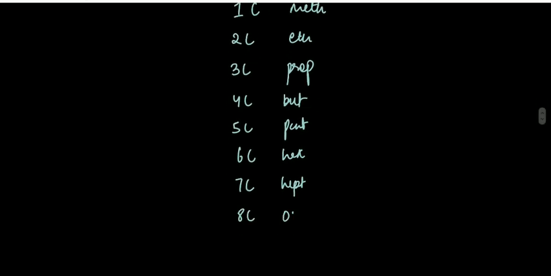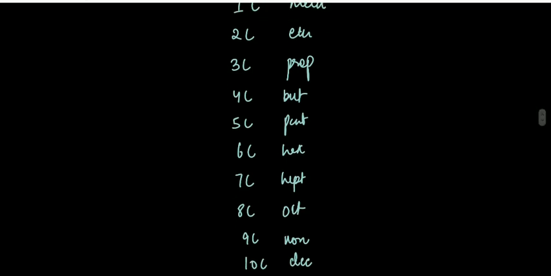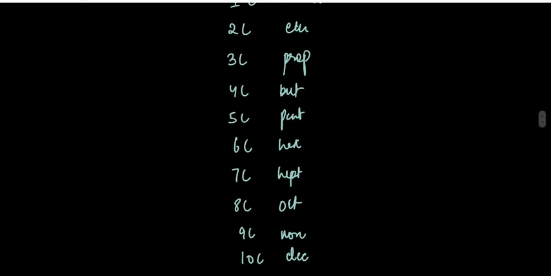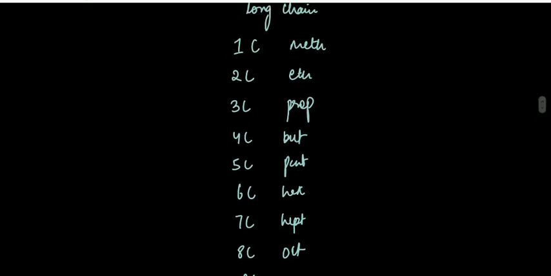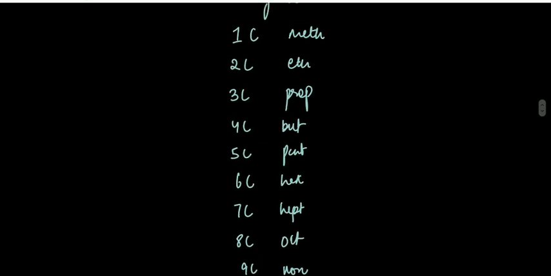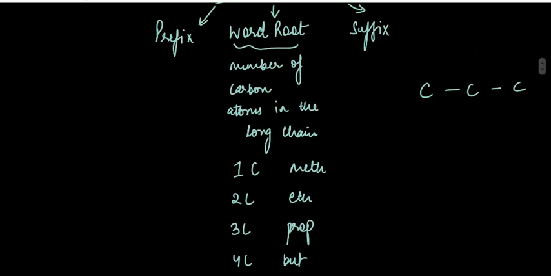Eight carbon, oct. Nine carbon, non. Ten carbon, dec. Even after that, for 11 it will be undec, dodec, tridec, tetradec, and that series will continue. We'll do it in this lecture only till 10 carbon. So this is our word root.